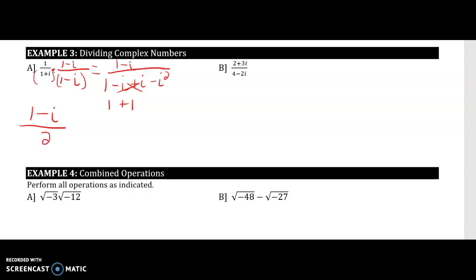So there's your answer. Over here, I'm going to write this out a little larger so we can see it a little better. So I'm going to multiply the top and the bottom by the conjugate of the bottom. Notice you're just changing the sign on the bottom. So when I do that, I'm going to get 8.